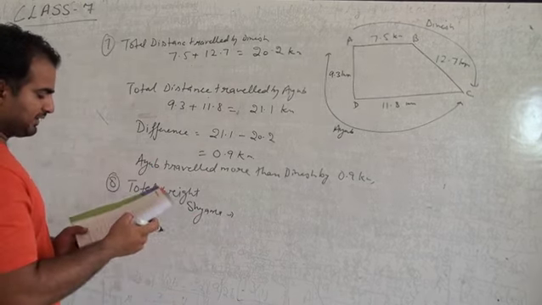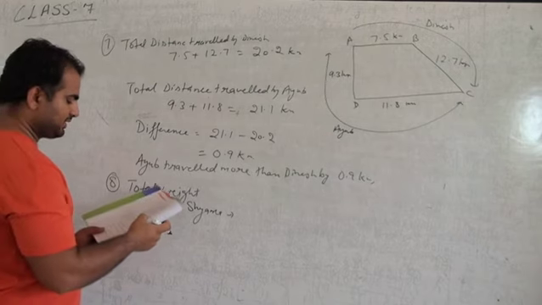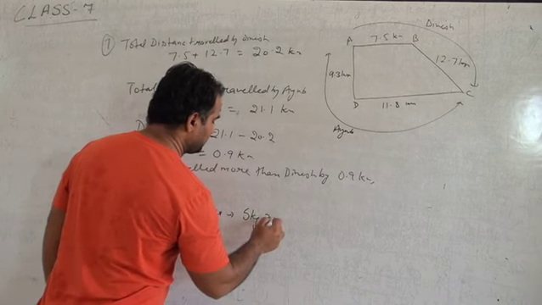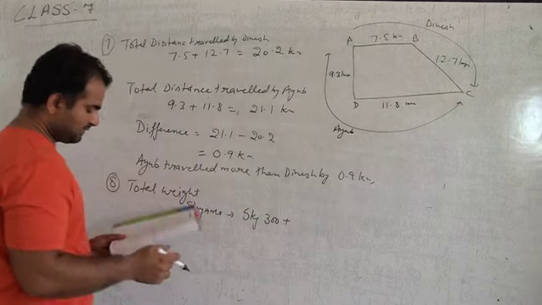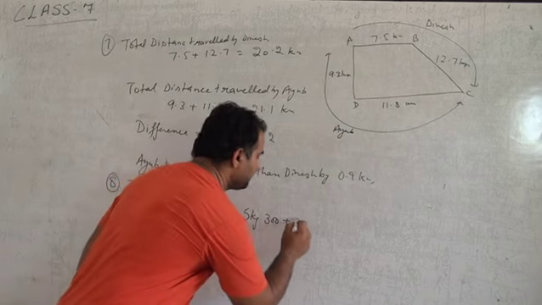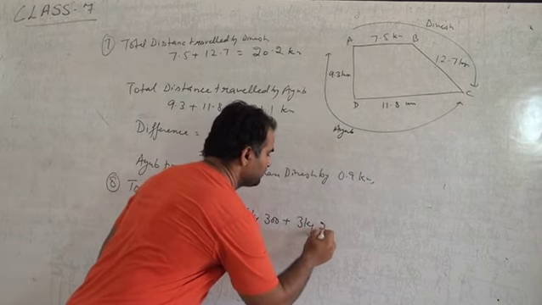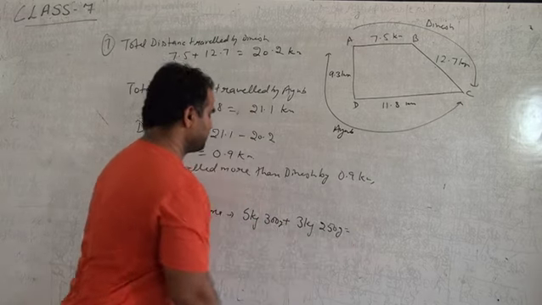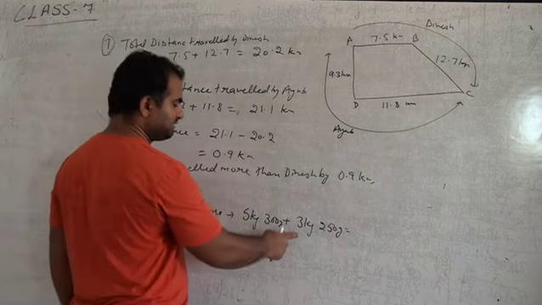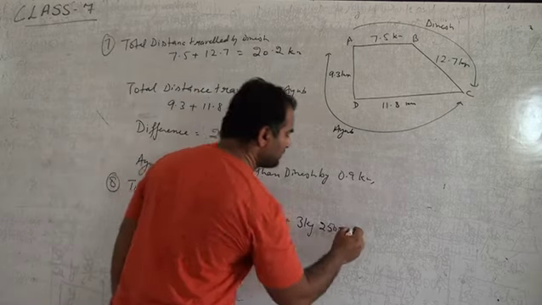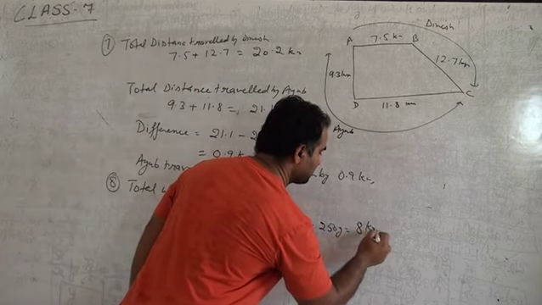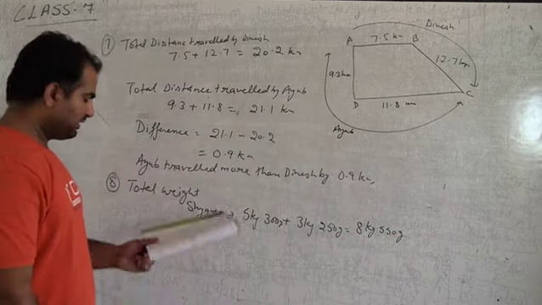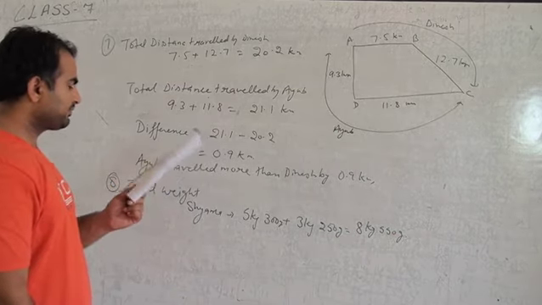Shama's total weight is 5 kg 300 grams plus 3 kg 250 grams. So the total weight is 8 kg 550 gram.